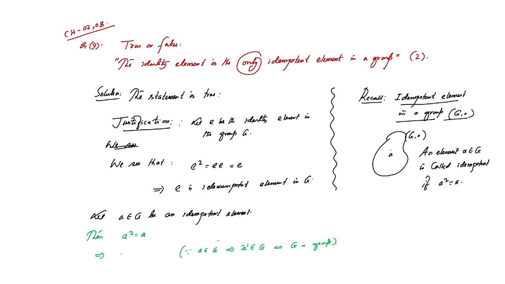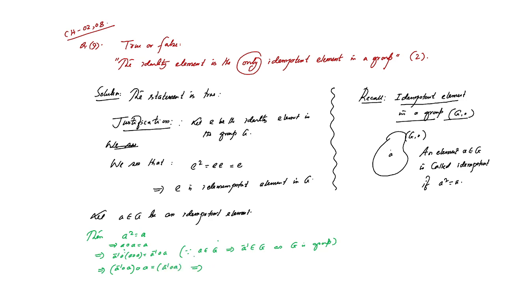So from that we can write A naught A equals A, and we just multiply A inverse on both sides. This is A inverse naught A, where I consider naught as an operation. So from that we can write A inverse naught A, by associativity law, that will be A inverse naught A.